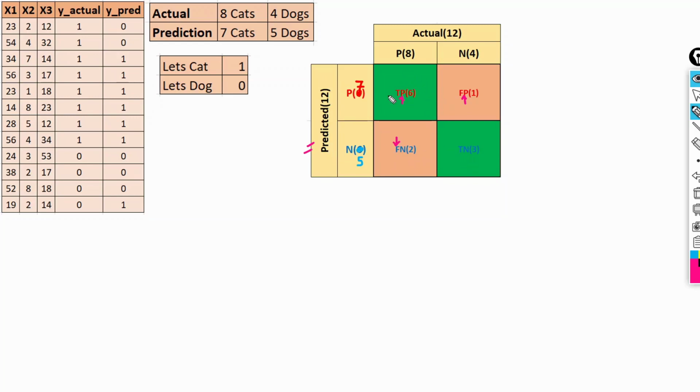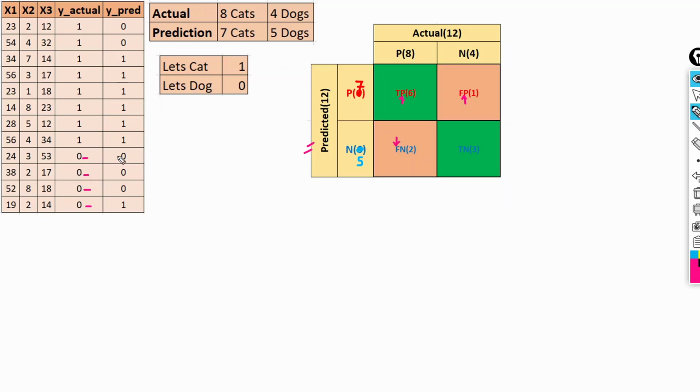And how can we interpret these boxes? 2 I have already explained. Let's understand the false positive. False means both are incorrect. It means in actuality this is the negative class, but in prediction this is the positive class. Let's say in negative we have only these 4. How many negative classes are incorrectly classified?